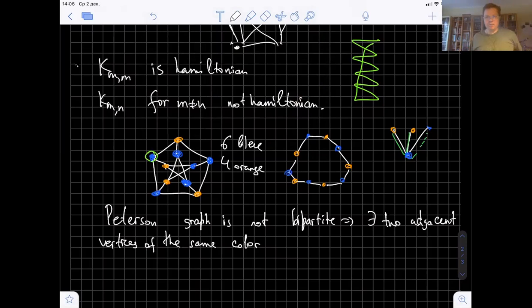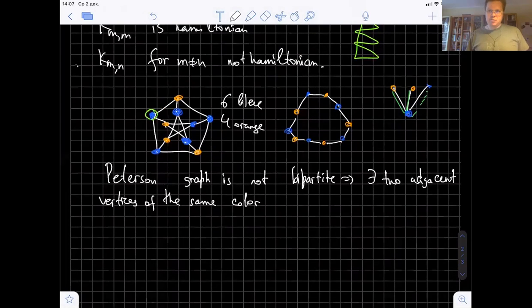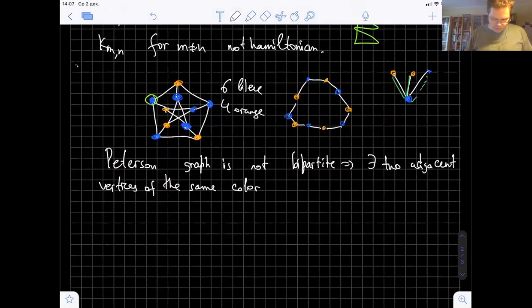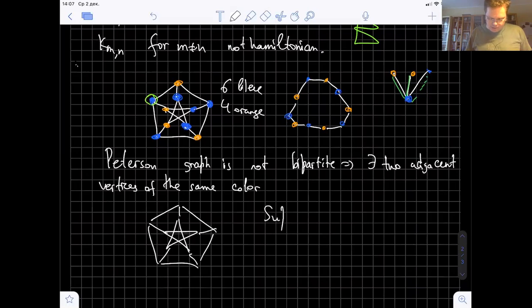Maybe it was a little bit hard, but I can try to give you another solution to prove that this graph is not Hamiltonian. So suppose it is Hamiltonian. So we have a cycle.